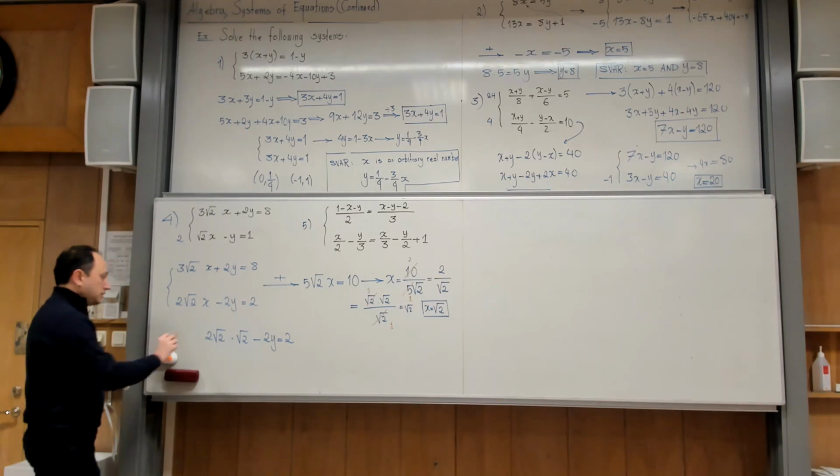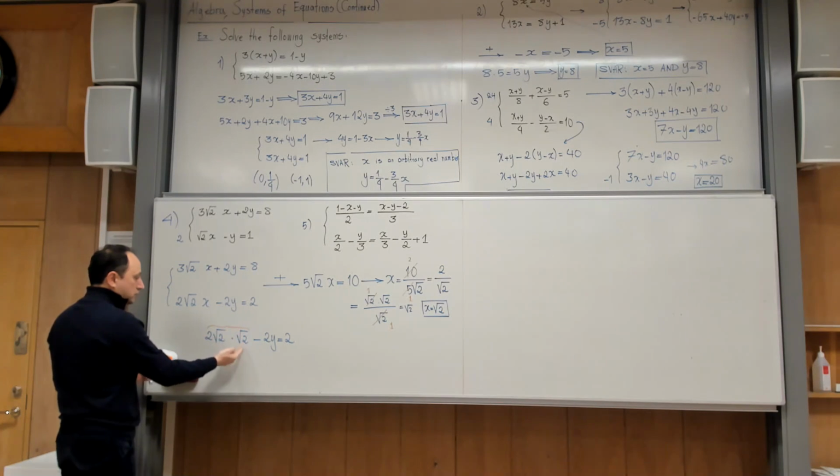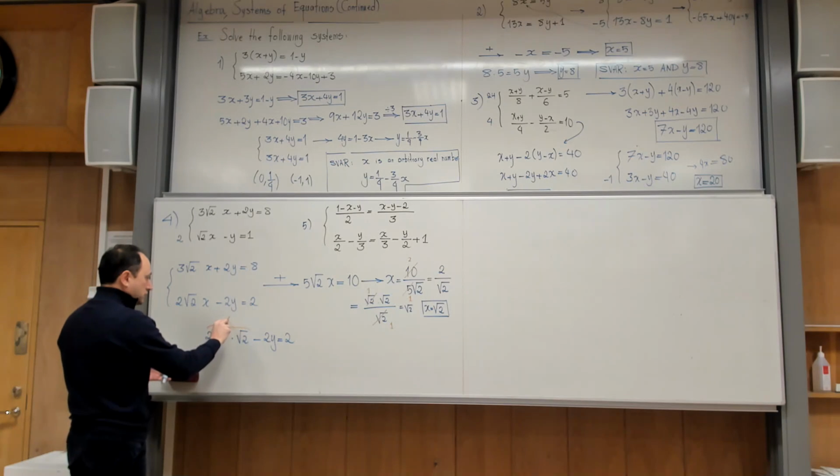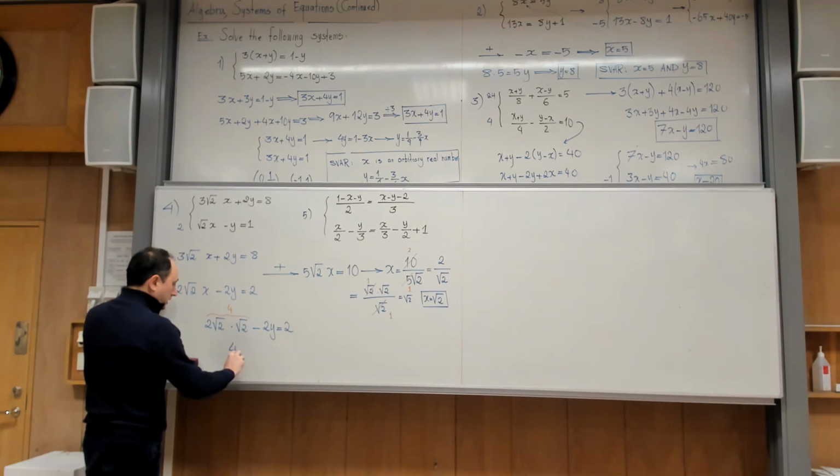But there is a better name to write this. Square root of 2 times square root of 2 is 2, another 2 here, so it is just 4. Then it becomes 4 minus 2y equals 2.